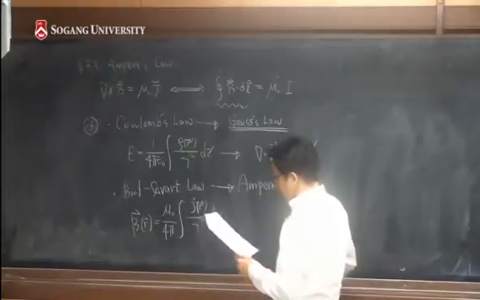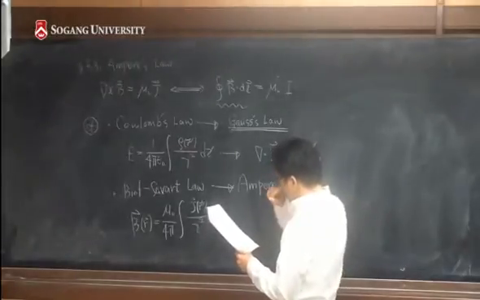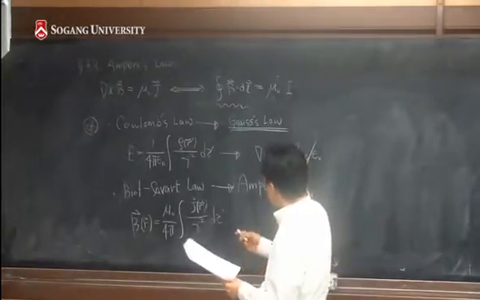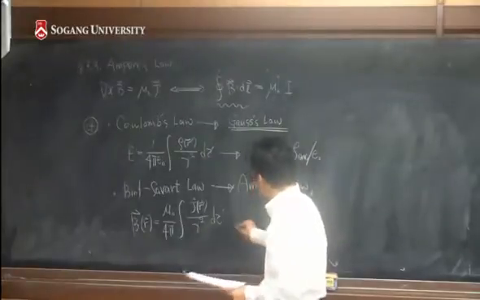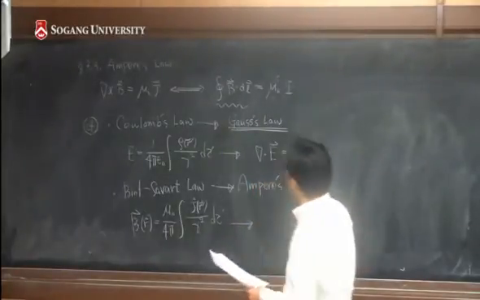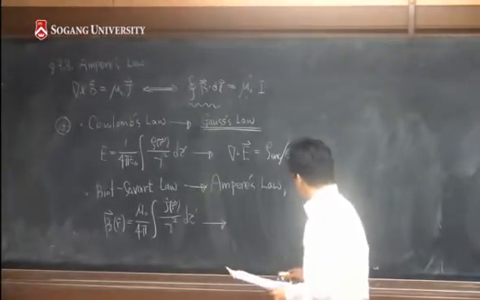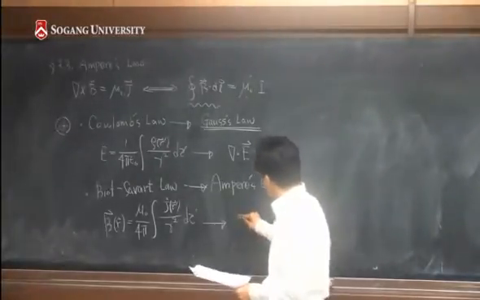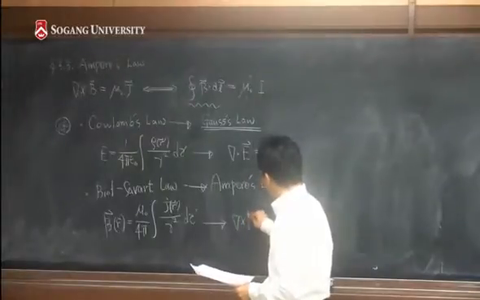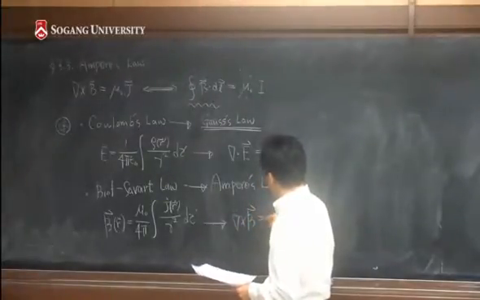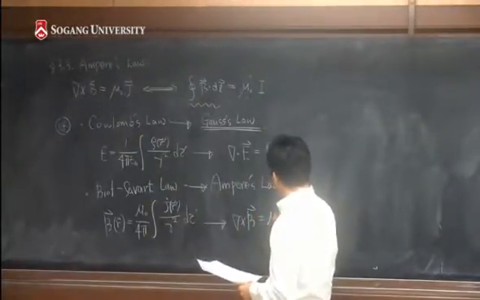If you have it in this form, then you can have Ampere's law in this case in a form that the curl of the magnetic field is given by mu 0 times J at the position r, like that. Okay.